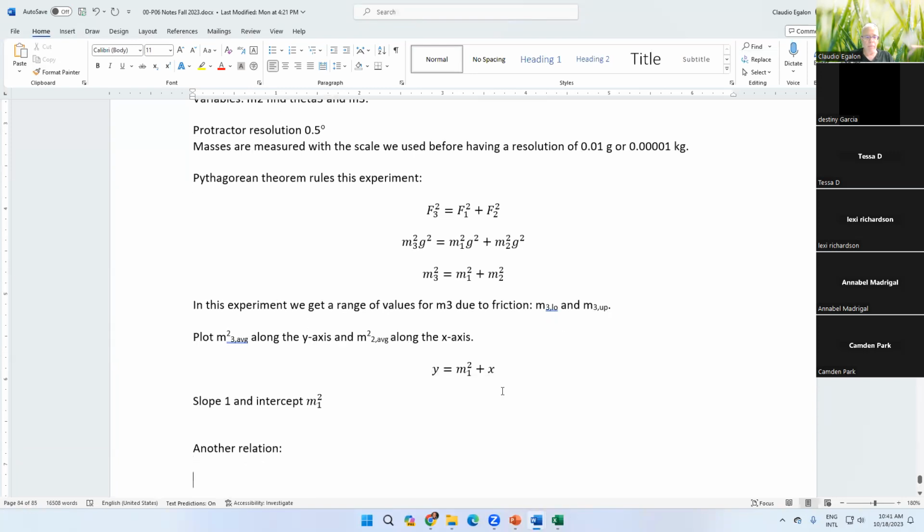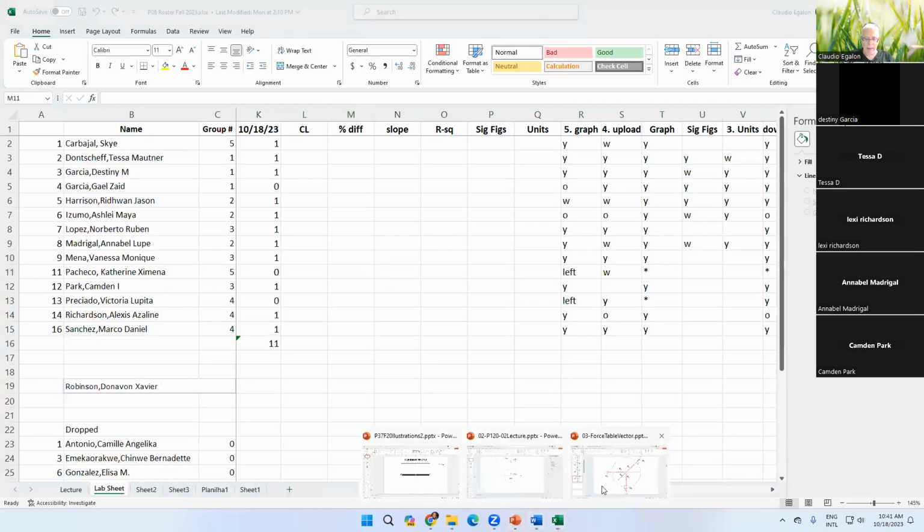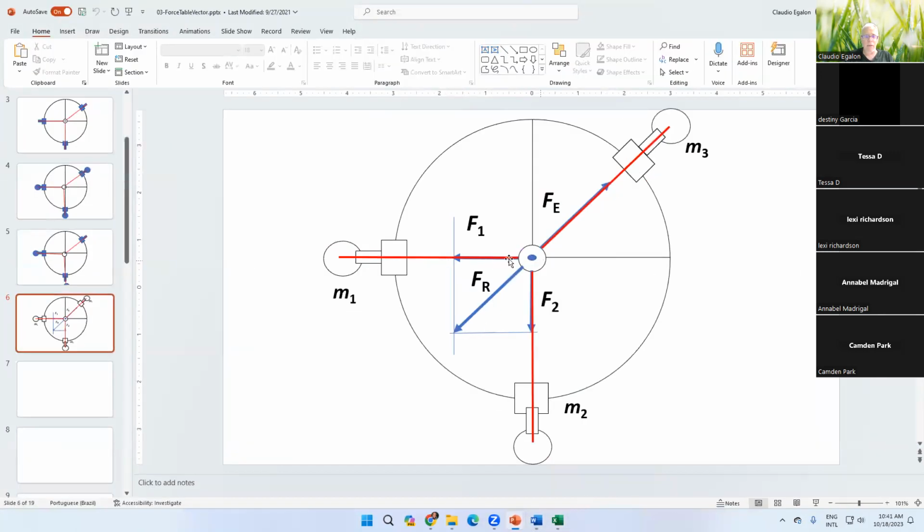Wait, the horizontal one is M1. Let's take a look again. Yes, the horizontal one is M1 and the vertical one is M2, because F2 is in the vertical direction and F1 is in the horizontal direction. Thank you, Professor. M2 divided by M1 is the tangent of angle theta 3.